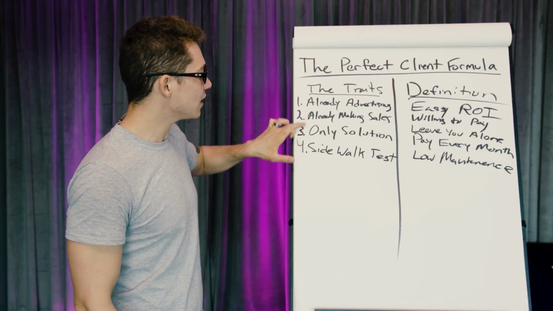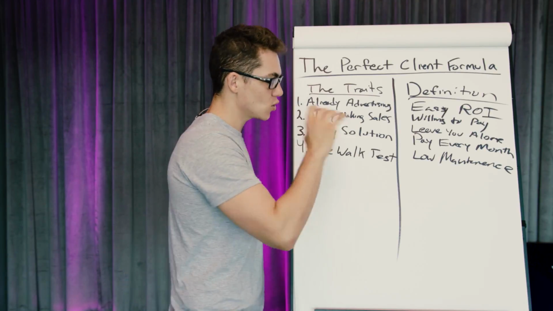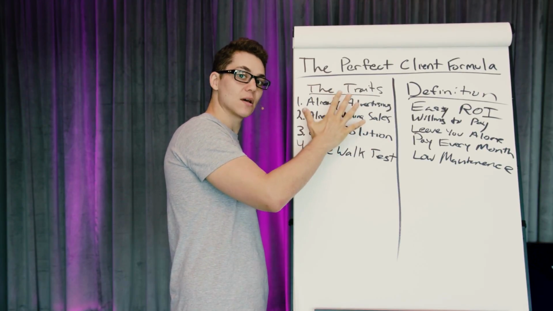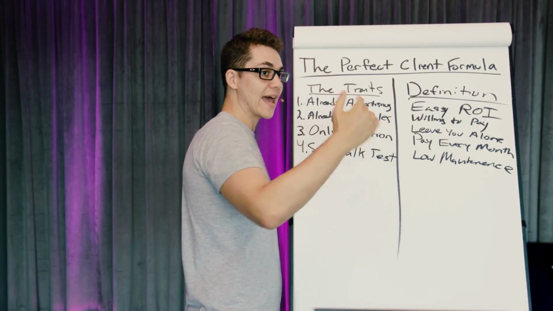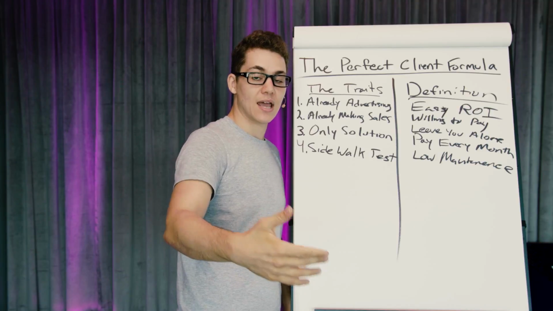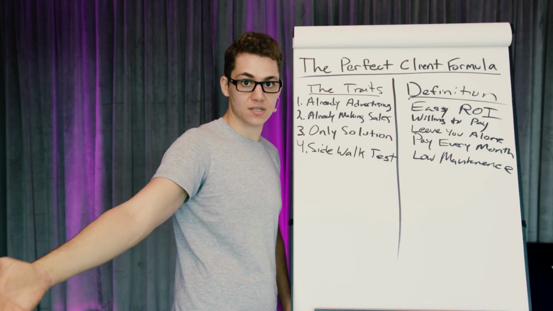Now, if you meet all 4 of these traits, what's going to happen is you will usually find that this particular client will be easy to get results for, meaning you can run ads that don't take a lot of marketing skill, and they're very simple offers, and they will get more people to come into that person's business.